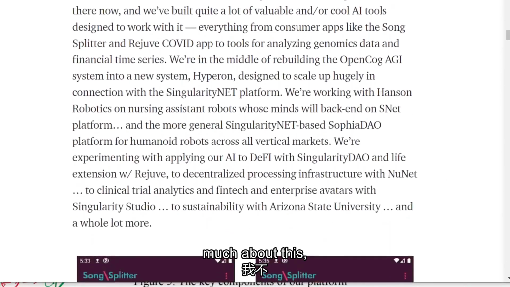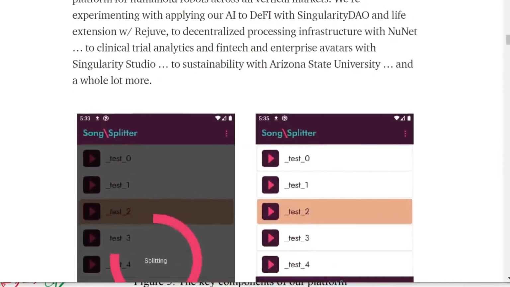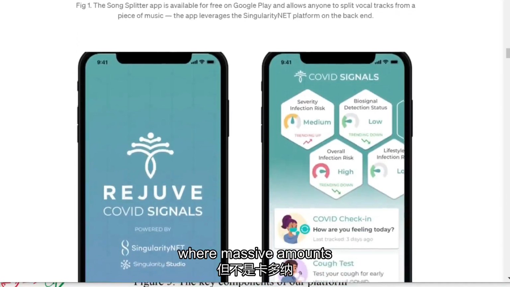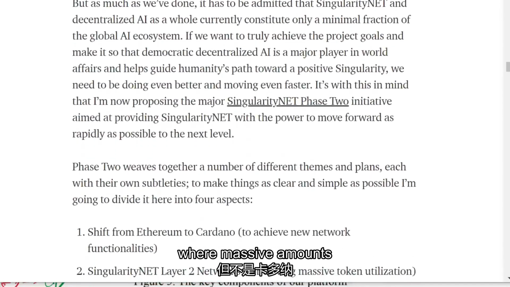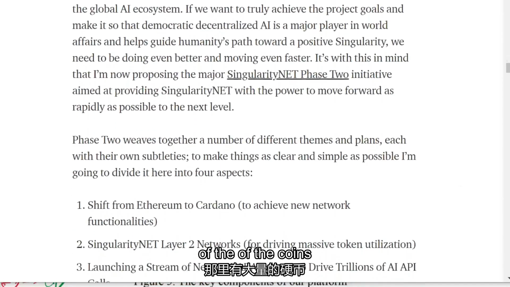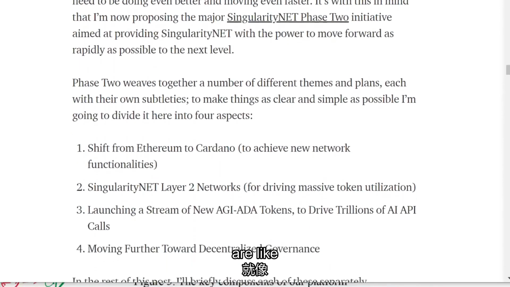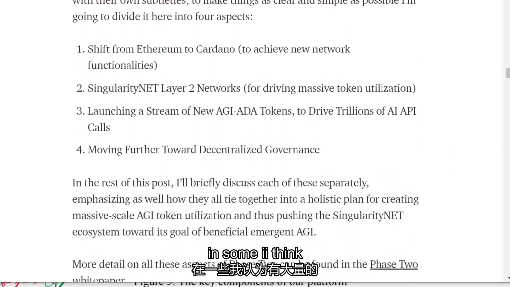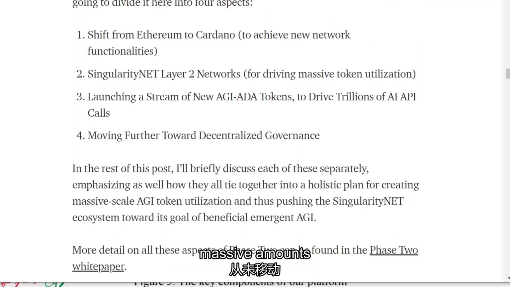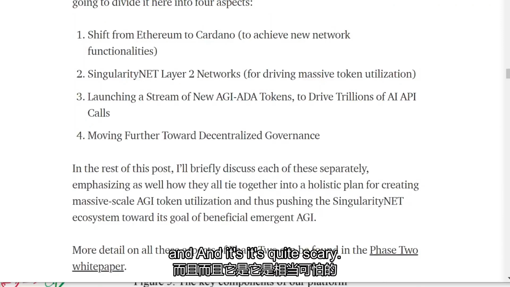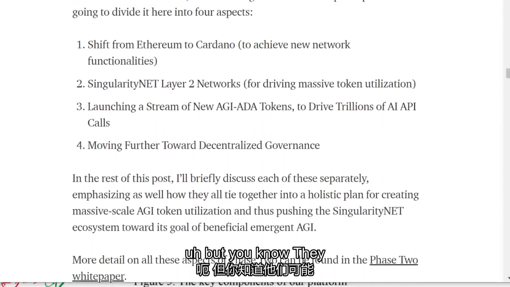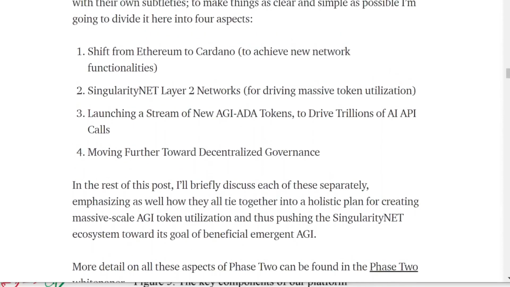I don't know much about the whole crypto space, but isn't Cardano where massive amounts of the coins are just never moved and so on? It's quite scary. But they probably know what they're doing.